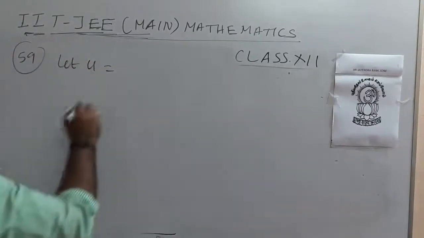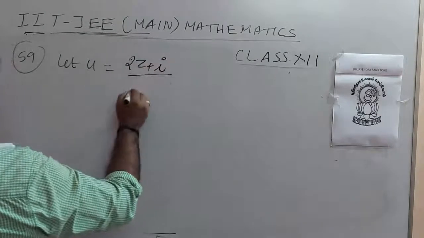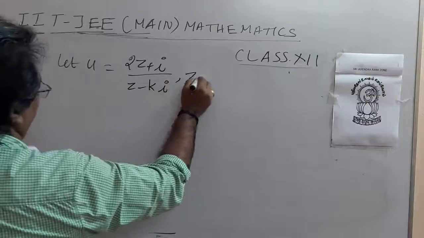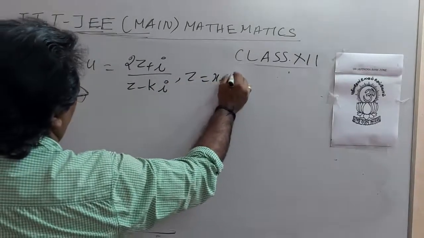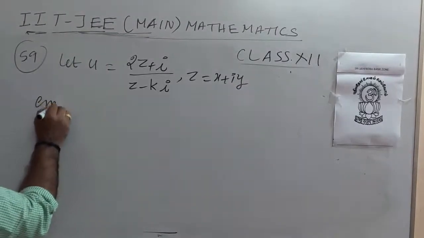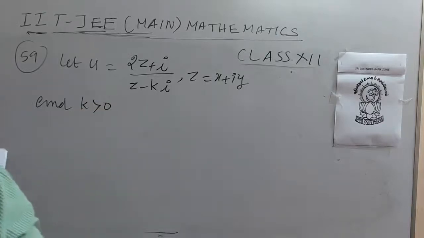Let u equal to 2z plus i by z minus ki, z equal to x plus iy and k greater than 0.